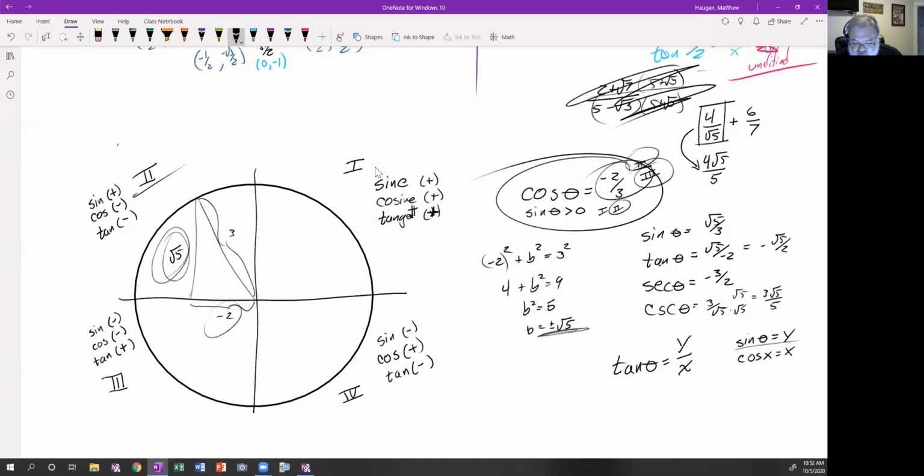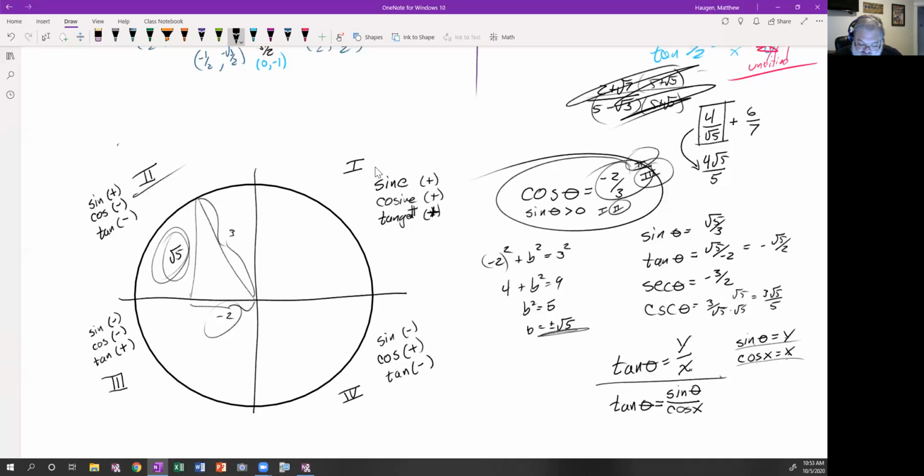So if the sine value on the unit circle is y, and the cosine value is x, we can actually restate this tangent. If the tangent is the ratio between y and x, then our tangent should actually be equal to our sine value divided by our cosine value.